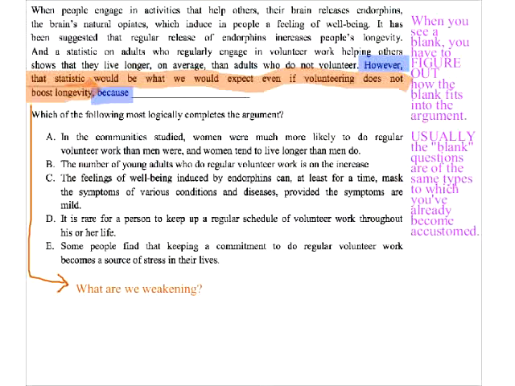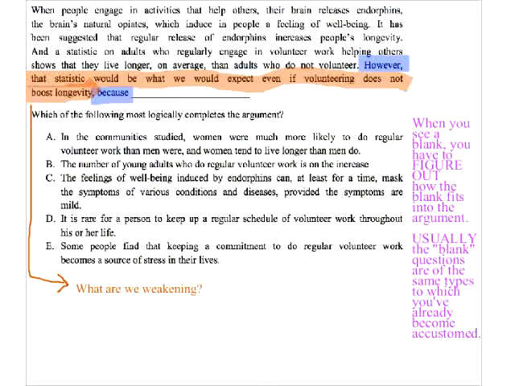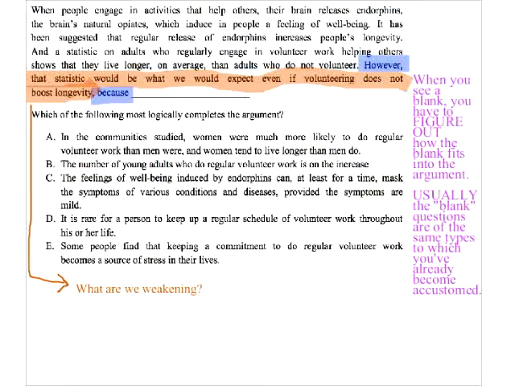So let's do this. Facts. I'm gonna put facts in green here. Remember, you can't weaken things that are facts. You have to weaken things that are claims. The claim might be implied, or the claim might be explicitly in the argument, but you can't weaken facts, guys. Remember this. So facts, I'm gonna put in green.